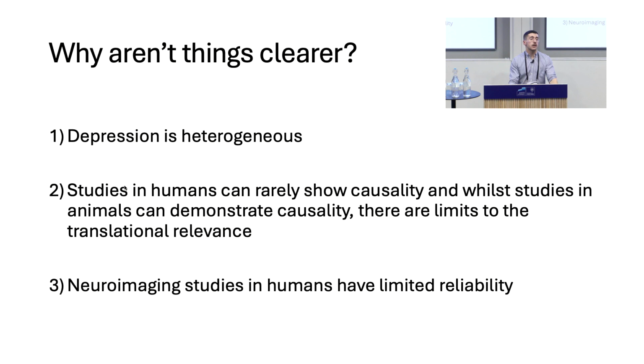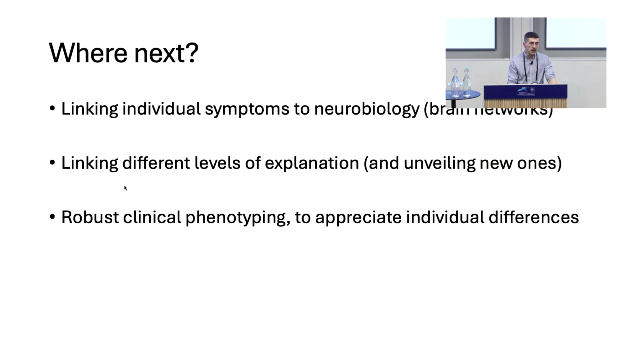And while studies in animals can demonstrate causality in rodents and primates, there are issues with translational validity, for example using things like the forced swim test as a model of depressogenic behavior. And neuroimaging studies, as I've touched on earlier in the talk, have limited reliability, and that's predominantly due to the small sample sizes.